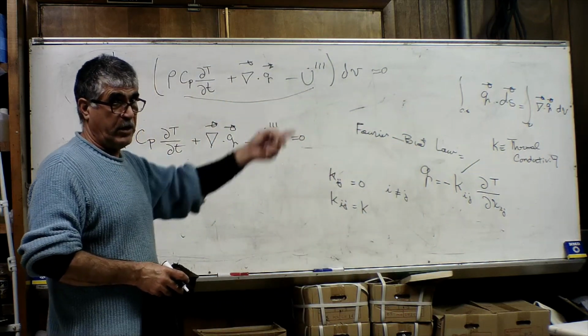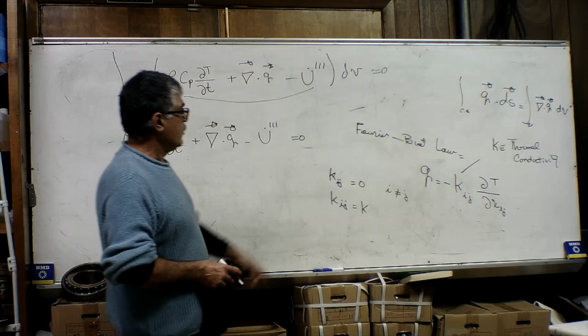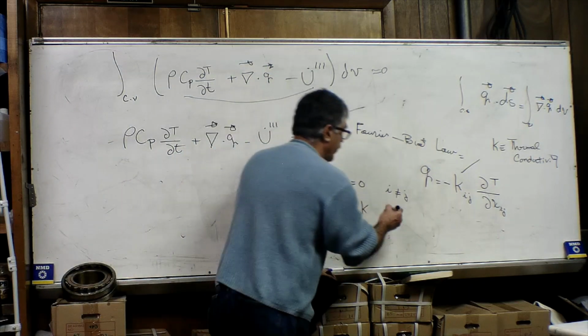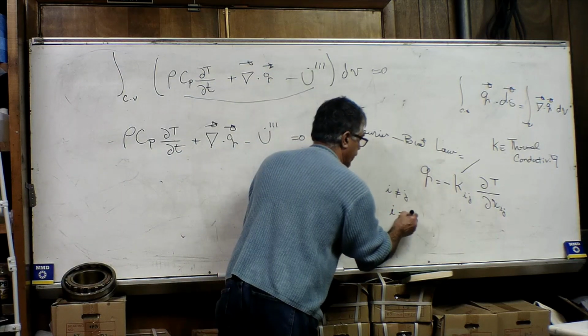That's shown by K. So Kij will be equal to K when i is equal to j.